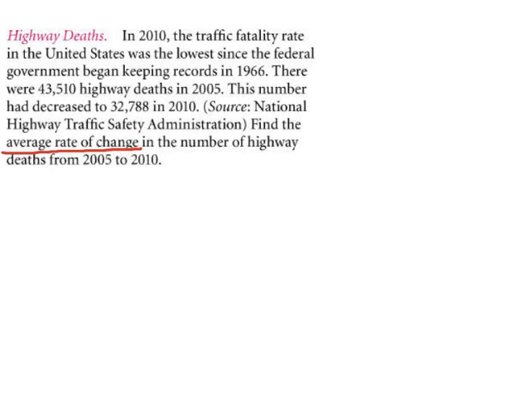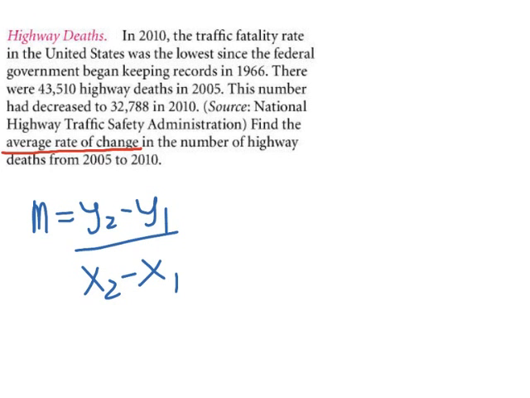Notice that after the words average rate of change, number of highway deaths comes first. That's telling you what's going on top. So deaths is going on top. That means deaths is the y value, because remember our slope formula is m equals y2 minus y1 over x2 minus x1. So you've got to read the problem carefully. Reading the problem carefully will tell you which is x, which is y.